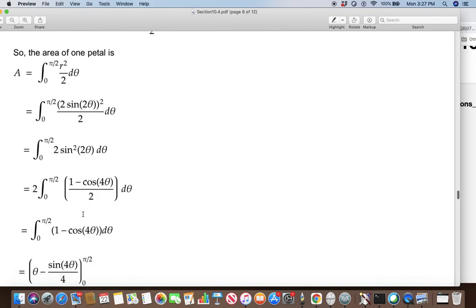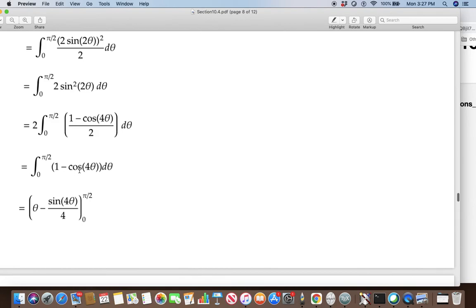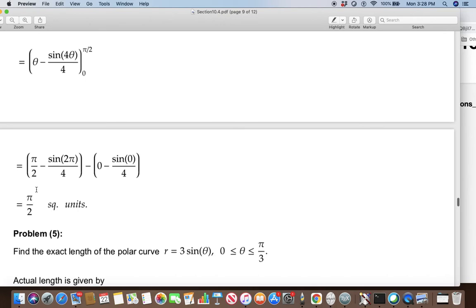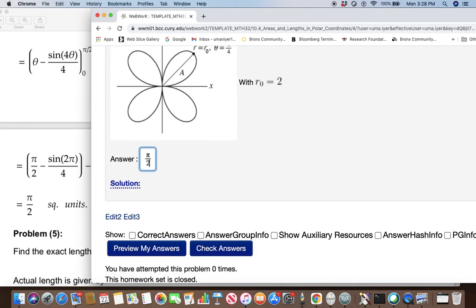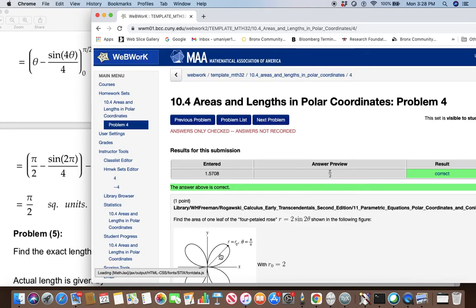That will reduce this. You're left with the integral of 1 minus cosine 4 theta. Integration of 1 is theta. Integral of cosine is sine, but that 4 theta tells you to divide by 4. Apply limits of integration. You get pi over 2. Okay.